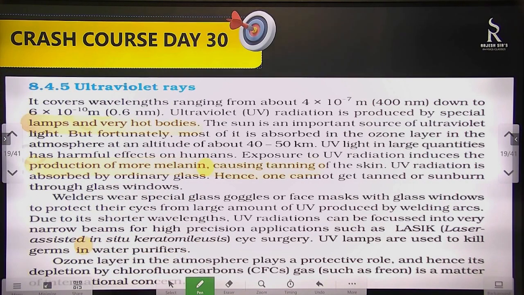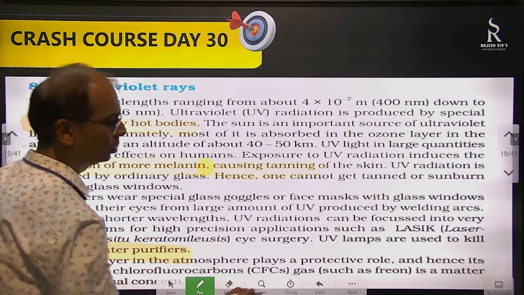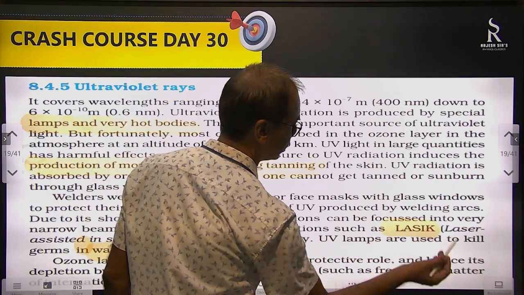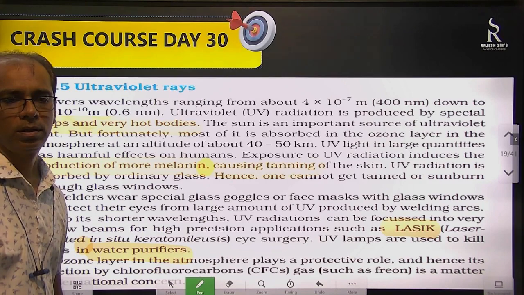And UV lamps are used to kill the germs in water purifiers. So it's used in LASIK, which is an eye surgery, and it is also used to purify the water. For us, the ozone layer protects us from UV rays.